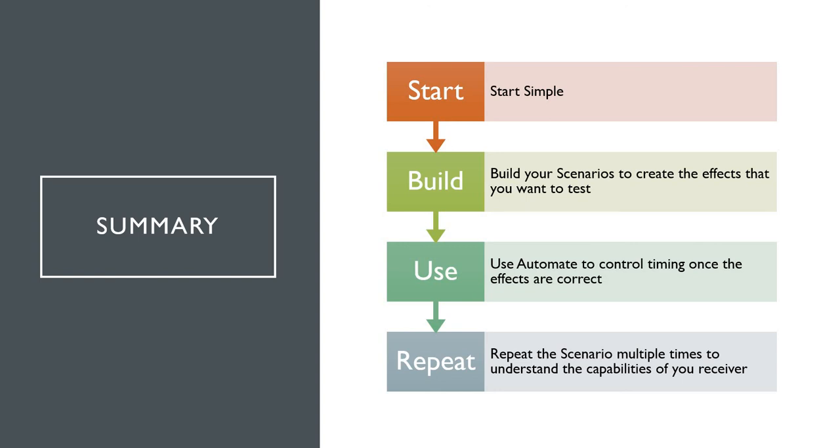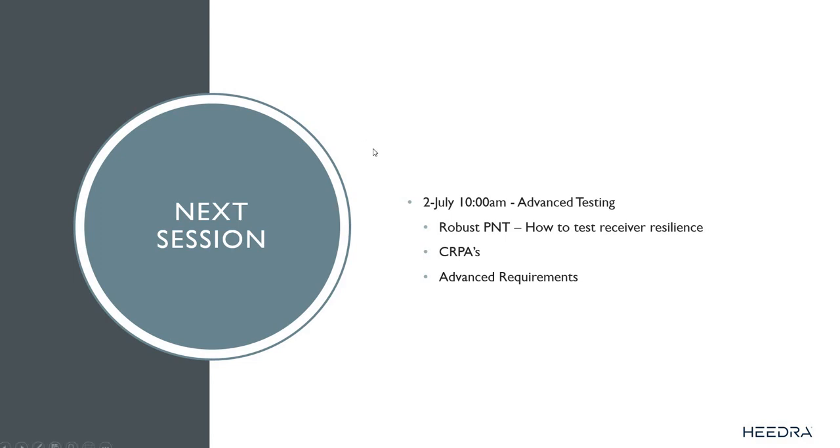Maybe first try multipath, and then take the multipath off, then try power changes, take that off, until you really understand your receiver very well. Then you can use the Automate system to control it, so that those tests become fixed, and then you can repeat those tests again and again and again.